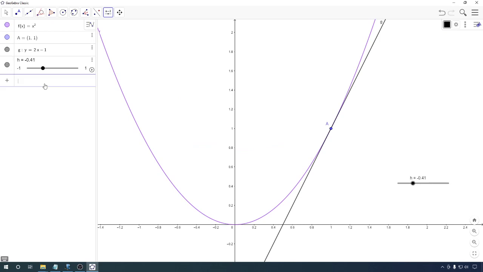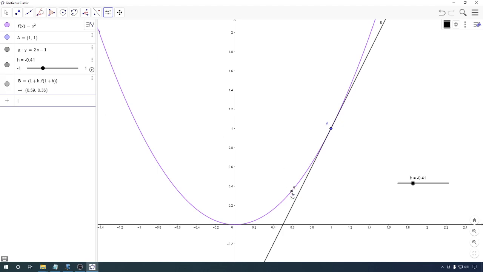And what I'm going to do is make a new point based off of the (1, 1) that we have here. So I'm going to take 1 plus this little h. That's going to be my x coordinate. I then need to plug 1 plus h into my function. GeoGebra actually allows me to use f of 1 plus h, and it will calculate that value for us.